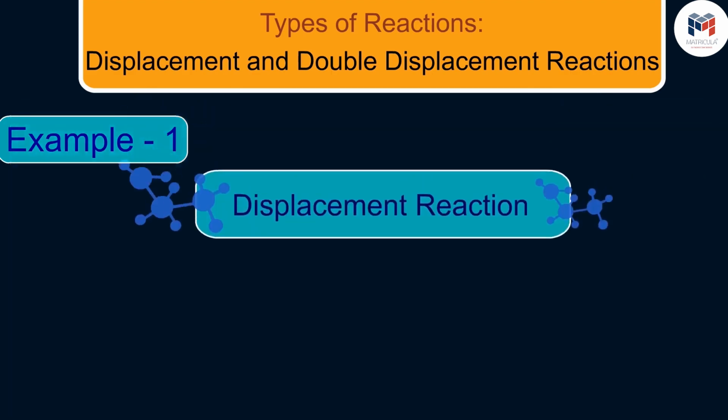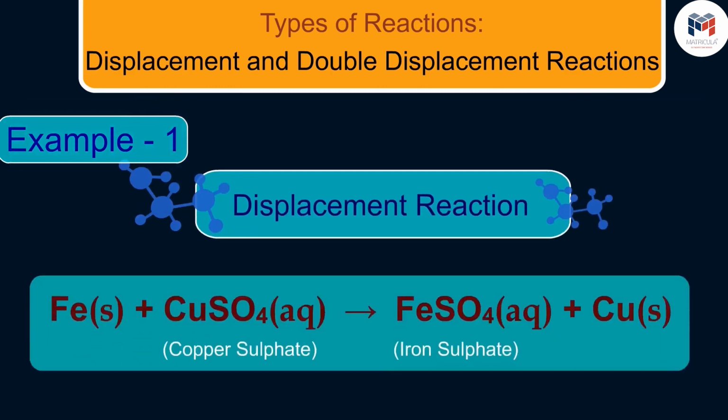The reaction that took place was iron reacting with copper sulfate solution, and as iron is more reactive than copper, it displaced the copper from copper sulfate and formed iron sulfate and copper. This reaction is known as a displacement reaction.